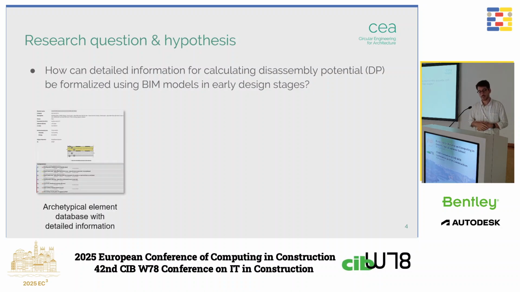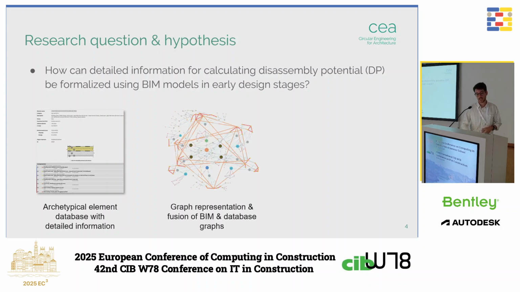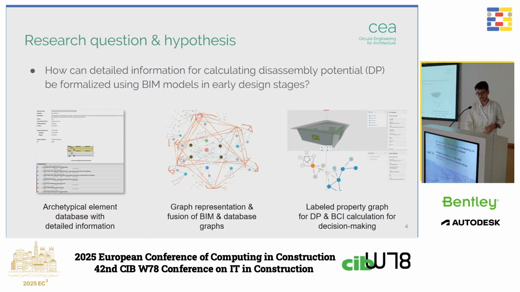And the hypothesis is that I'm using archetypes on element level with quite detailed information. I'm going to use the Totem database, which has quite a lot of relevant information to calculate disassembly. It's a Belgian database. I'm using a graph representation of the Totem database and BIM models.